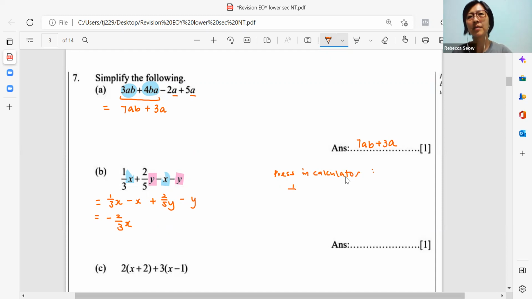So we have 1/3 take away 1, and straight away the answer of the coefficient would be out. And for the next part, we have 2/5 Y minus Y. You can press this in the calculator as well. 2/5 take away 1. Okay, and the 1 is the coefficient of Y. And that gives you negative 3/5. So this is the answer.